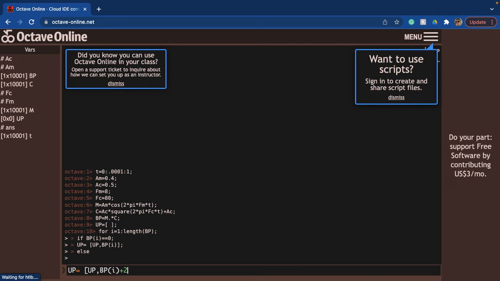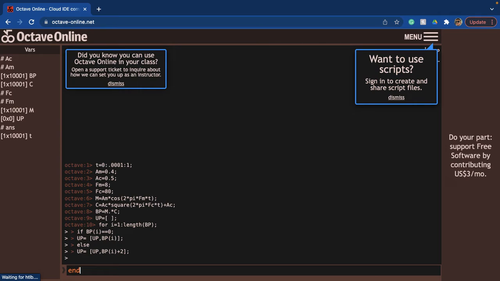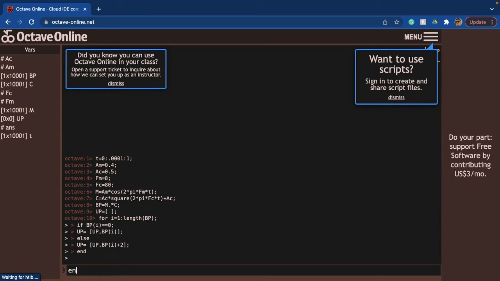So let's raise it by 2, on the safer side. It's just double the amount of the carrier wave amplitude. So I've taken 2 here, and we end the loop.